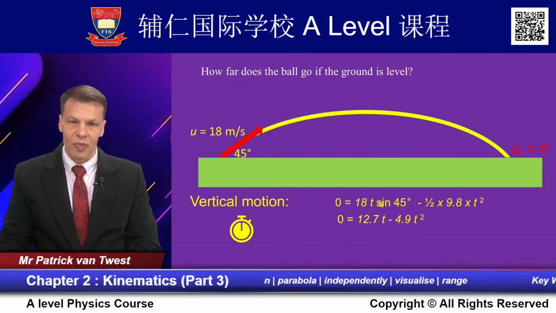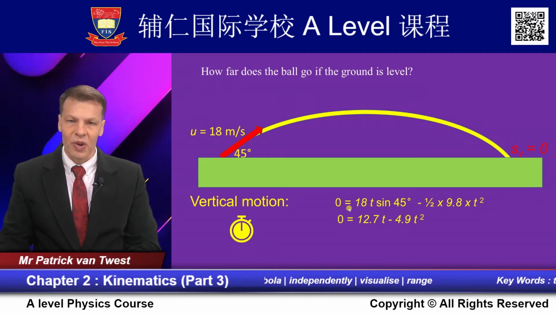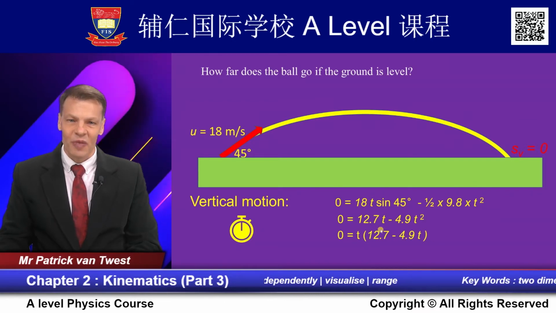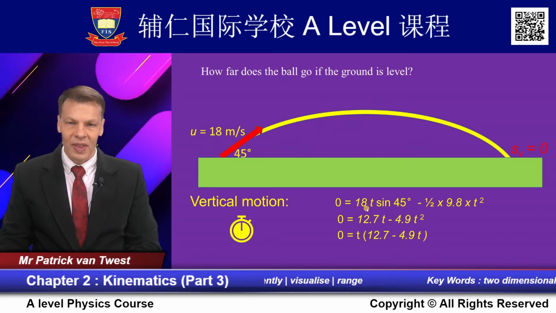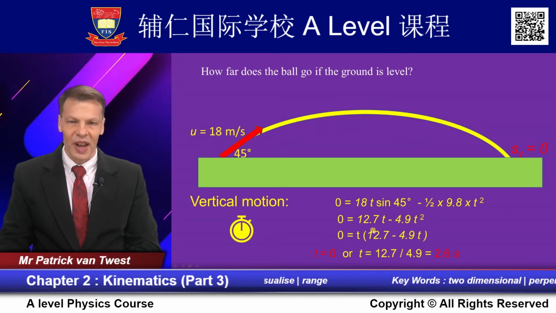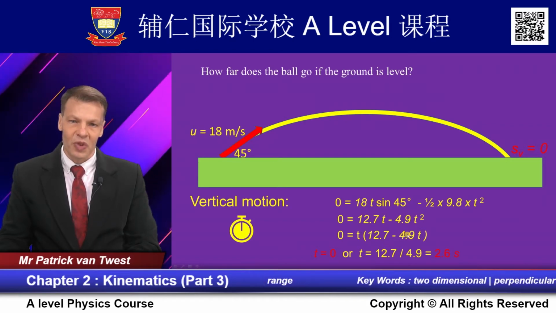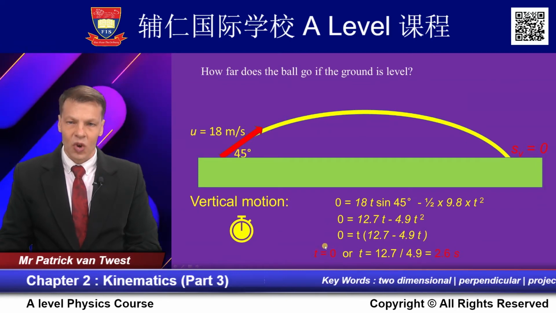So 12.7t minus 4.9t squared equals 0. Do a bit of mathematics, take t out the front of your bracket: (12.7 minus 4.9t) times t equals 0. That means one of these two factors has to be 0, so either t is 2.6 or t is 0.